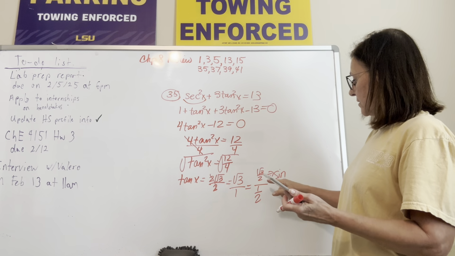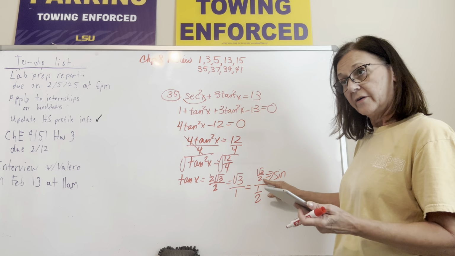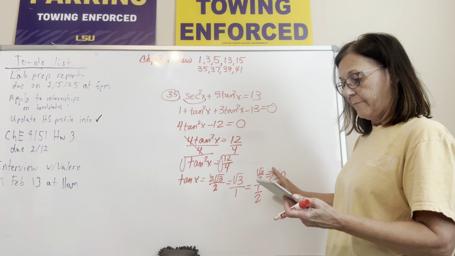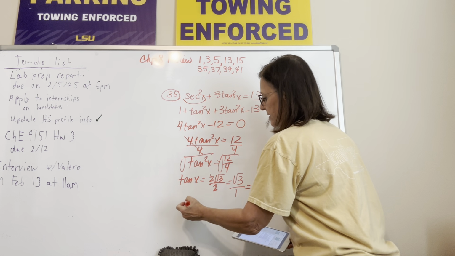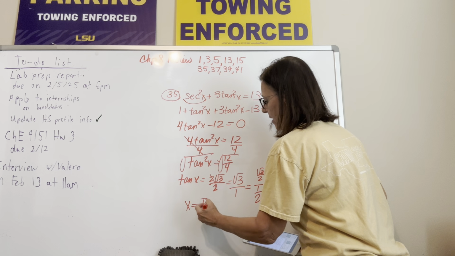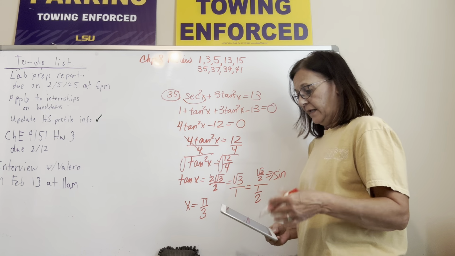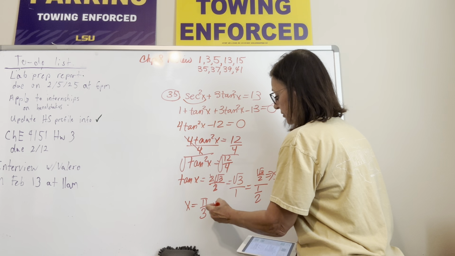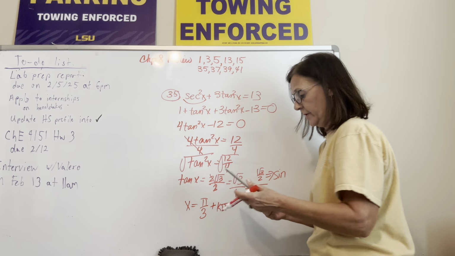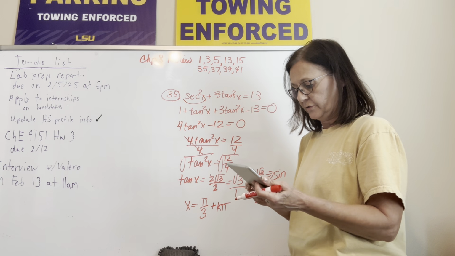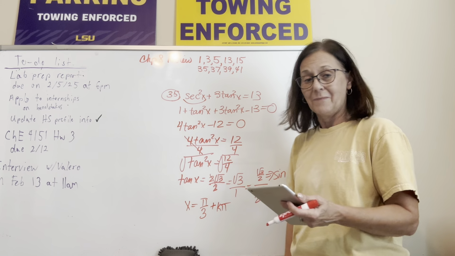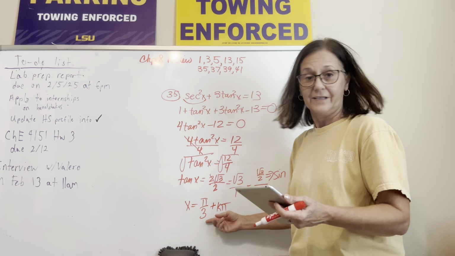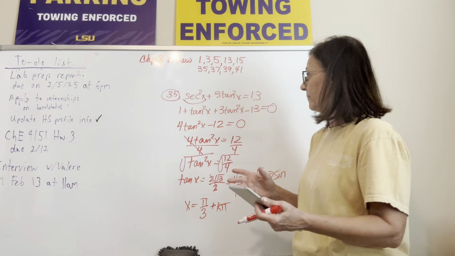The sine is the square root of 3 over 2 at pi over 3, so x is pi over 3. If it wants all solutions, you're just going to do plus k pi, because the period of the tan is k pi. You don't have to do plus and minus because this covers everything. Your book did plus and minus.